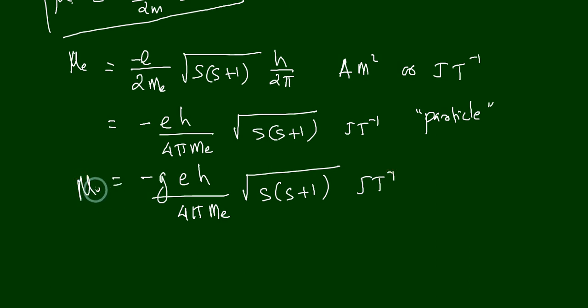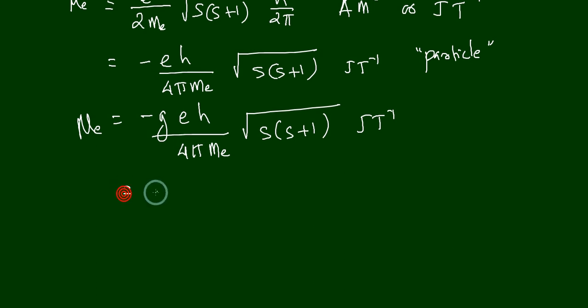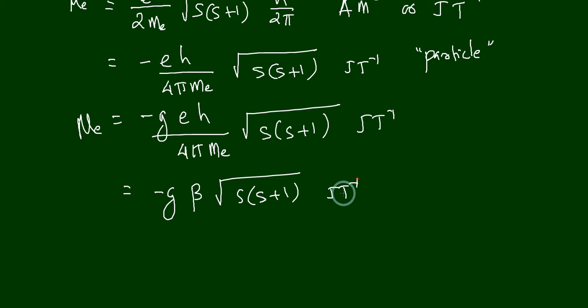So the magnetic moment of the electron is equal to minus g e h divided by 4 pi me, and I can write it again as minus g into beta into root of s into s plus 1 joules per Tesla, where beta is equal to e h divided by 4 pi me.